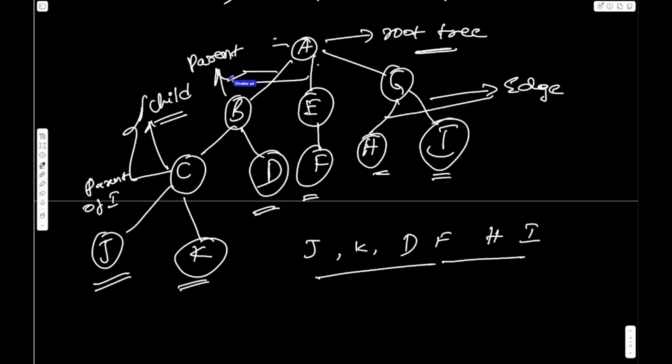How are we going to calculate the number of edges? Total edges is equal to number of nodes minus 1. Here we have 1, 2, 3, 4, 5, 6, 7, 8, 9, 10, 11. Sorry, 11 nodes we have. So total number of edges is 10.